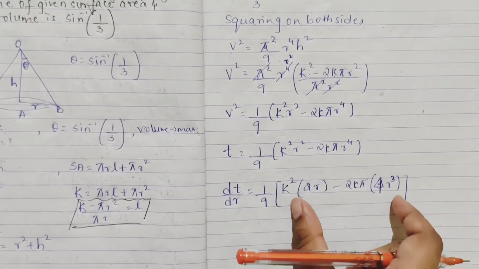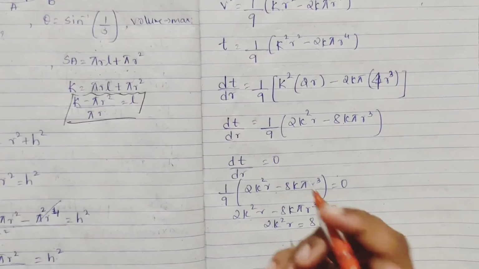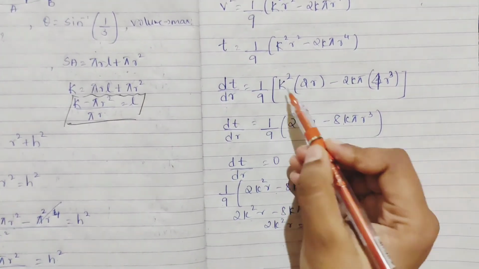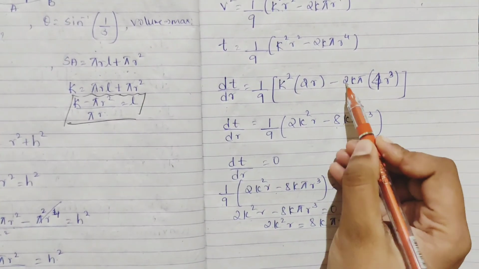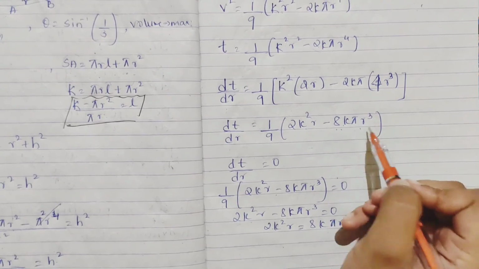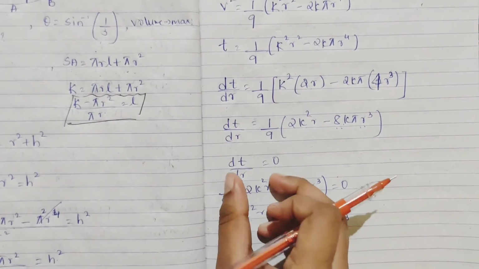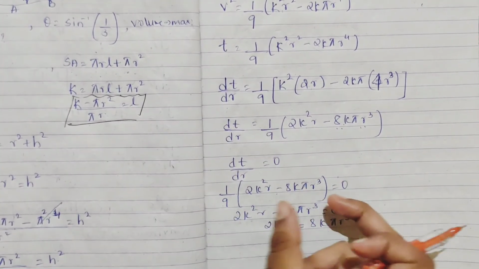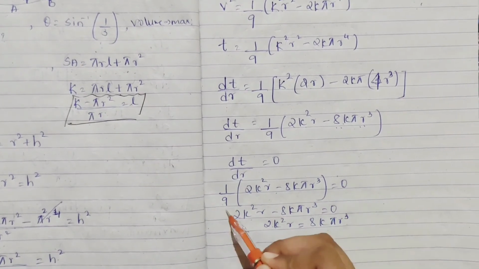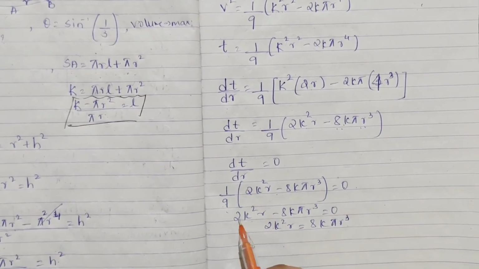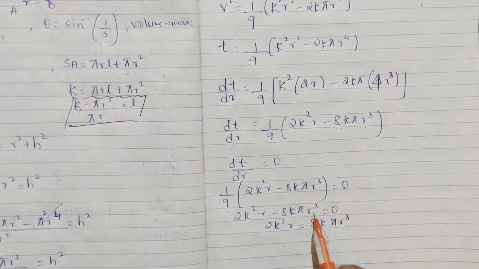Now what you have to do, you have to equate it to 0. So what you will get, 1/9 (2k²r − 8kπr³). You have to equate it to 0. So I have done dt/dr, write it equal to 0. When you cross multiply this 9, you will be left with only 2k²r − 8kπr³ = 0.